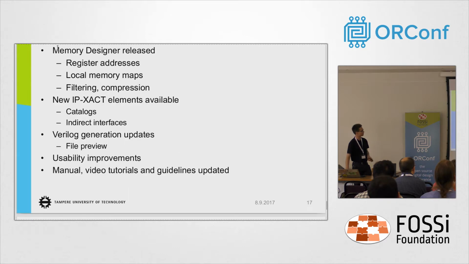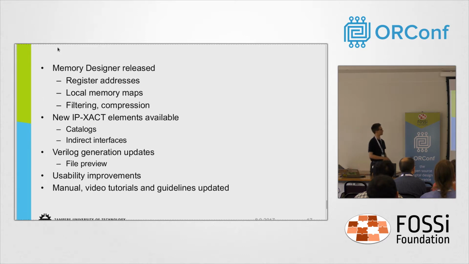So let's go for a very brief summary. In the last year, we have introduced our memory designer, where you can have all the registers and their addresses within a product. You can have local memory maps for the address spaces. You can filter, compress, and otherwise manipulate the view of the addresses and the registers and the address spaces.